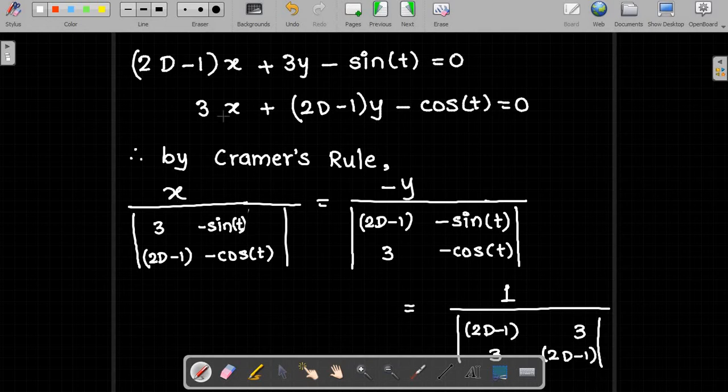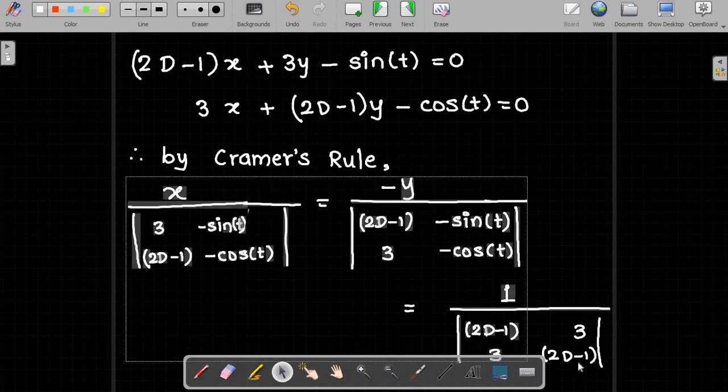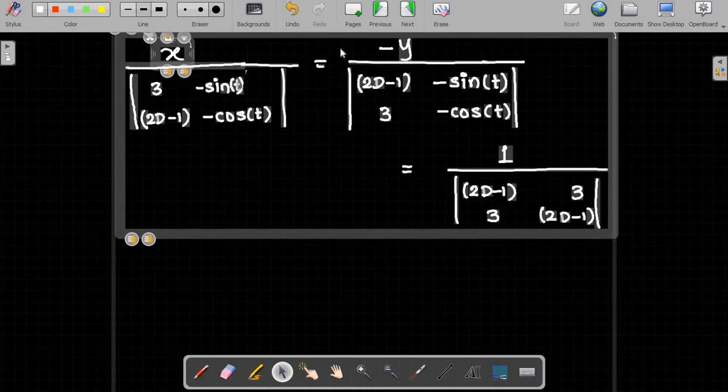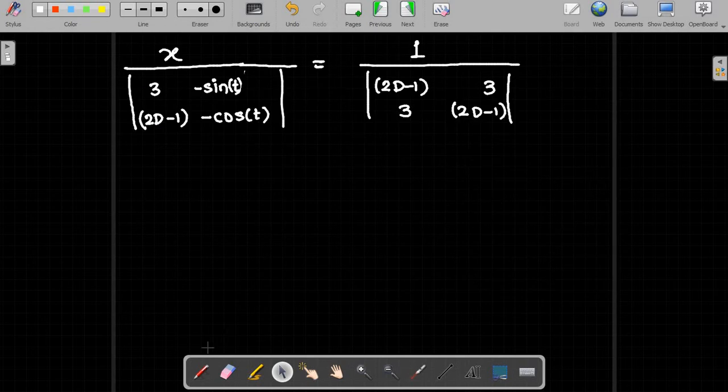So now we equate the first and third ratio. We equate those two ratios. So this is for calculating variable x only.